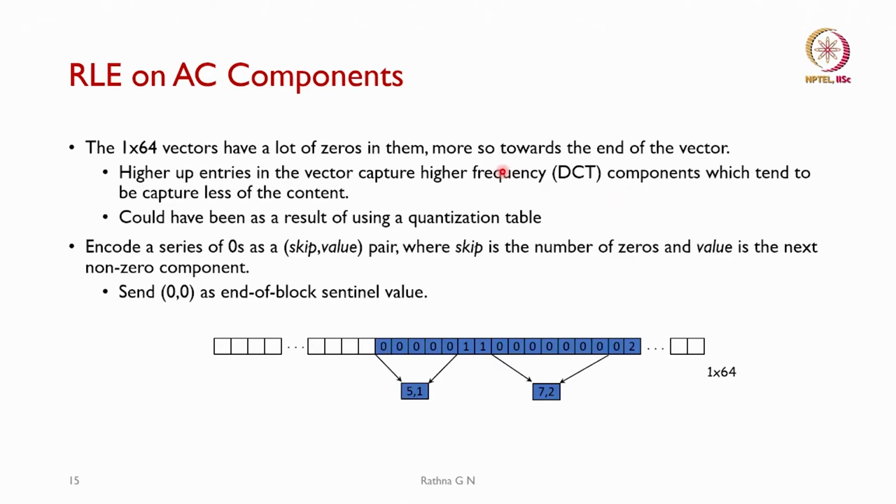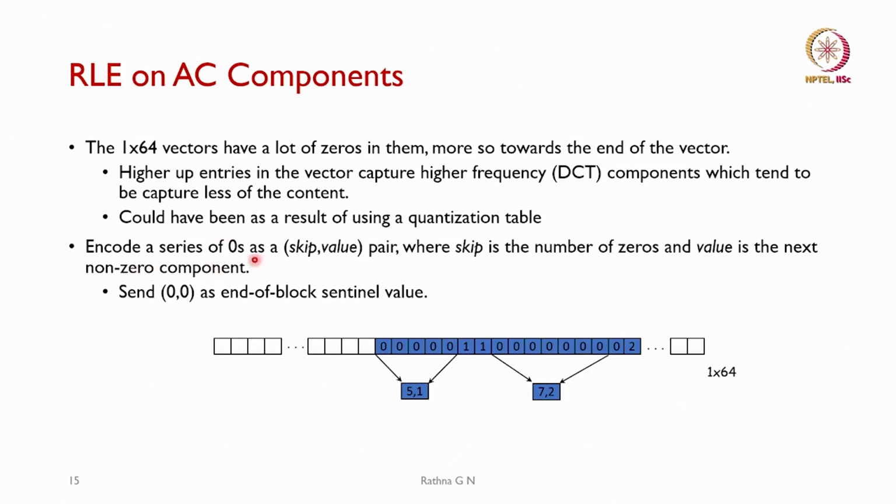Okay. The next is that we can have a run length encoder on the AC components. The 1 by 64 vector has a lot of zeros in it, more so towards the end of the vector. Higher entries in the vector capture higher frequency DCT components, which tend to capture less of the content, and this could be a result of using a quantization table.